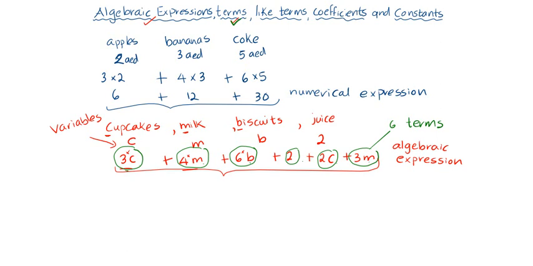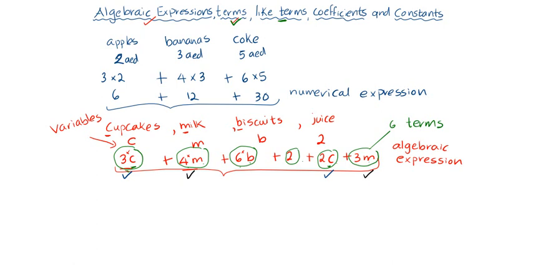Now, what are like terms? Remember at the top we were looking at like terms. Like terms are the terms that are the same thing you are buying. So the Cs and the Cs are like terms. Where we bought the cupcakes, the 3C and the 2C are like terms. Also the Ms: we bought 4 milk and then 3 milk bottles, so the 4M and the 3M are also like terms.